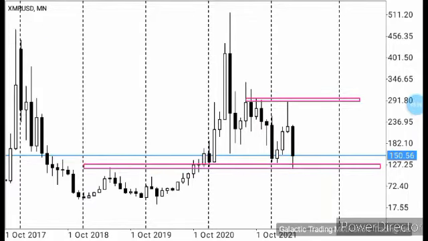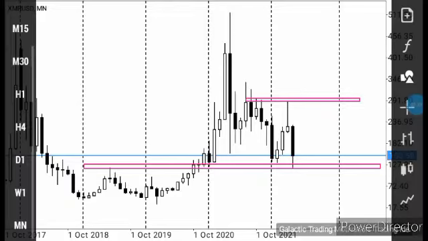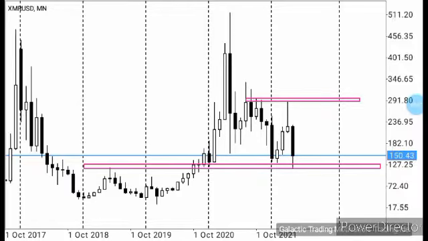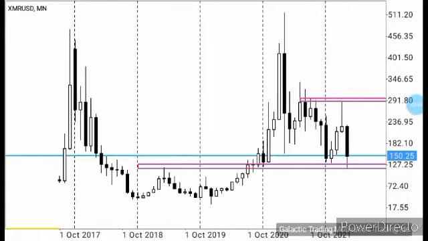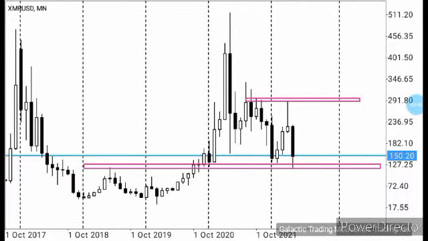So what else can we tell that is important on this chart, which is the monthly chart of Monero? Let's see. I don't see anything else that's particularly interesting.